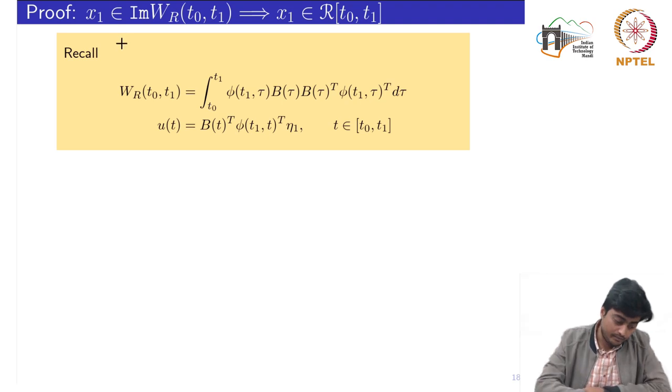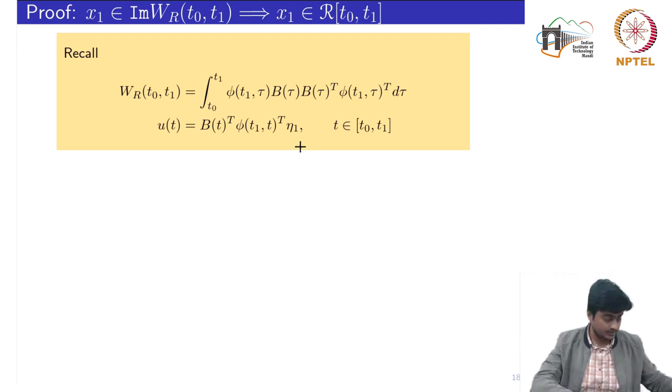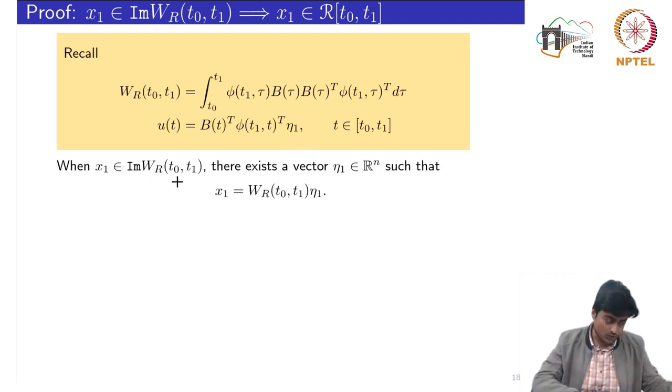So let's see the proof of the first part, that x1 belonging to this space implies that x1 also belongs to that space. We recall two equations: one is the reachability gramian, and the other is the u of t which we want to prove, for some specific input. When x1 belongs to the image of the WR matrix, we can say that there exists a vector eta 1 in the n-dimensional space such that x1 is equal to WR into eta 1.